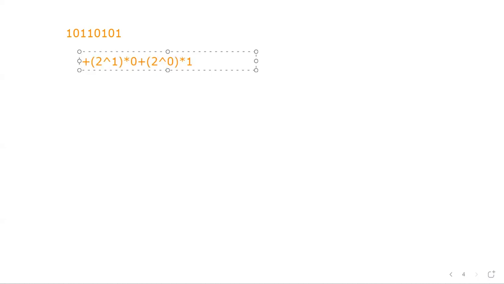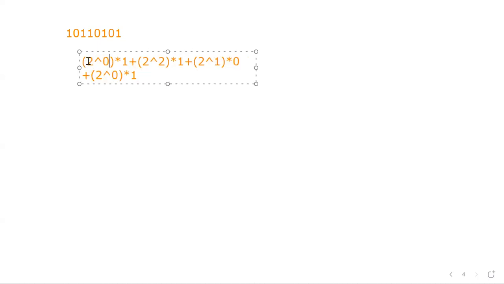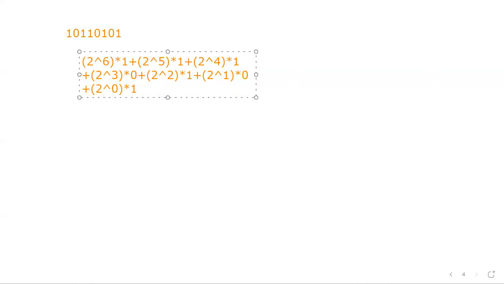Next, 2 to the power 2, last third bit. 2 to the power 3, last fourth bit is 0. 2 to the power 4, last fifth bit is 1. 2 to the power 5, sixth bit is 1. 2 to the power 6, seventh bit is 0. And 2 to the power 7, eighth bit is 1.